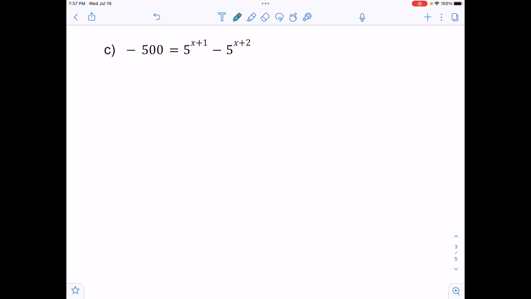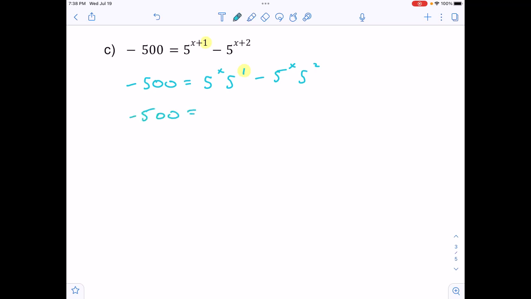One last one like this style. Negative 500 is equal to 5 to the power of x plus 1, take away 5 to the power of x plus 2. Let's go with the same strategy here. Negative 500 is, break these guys up, 5 to the x, 5 to the 1, minus 5 to the x, 5 to the 2. You don't need to write the 1 here. I'm just emphasizing the fact that this is where the 1 came from.